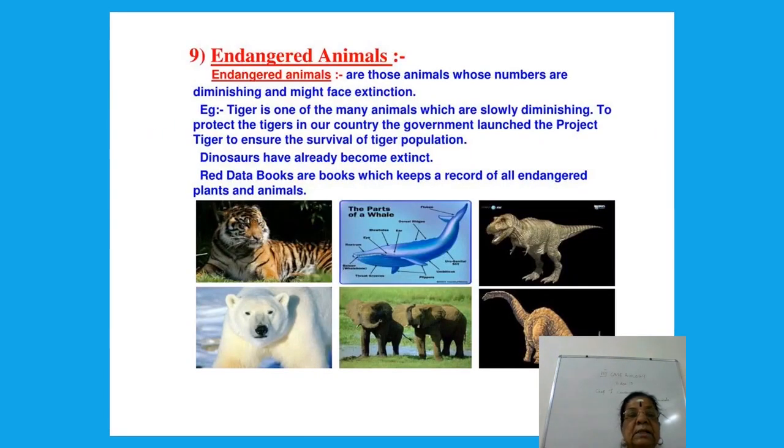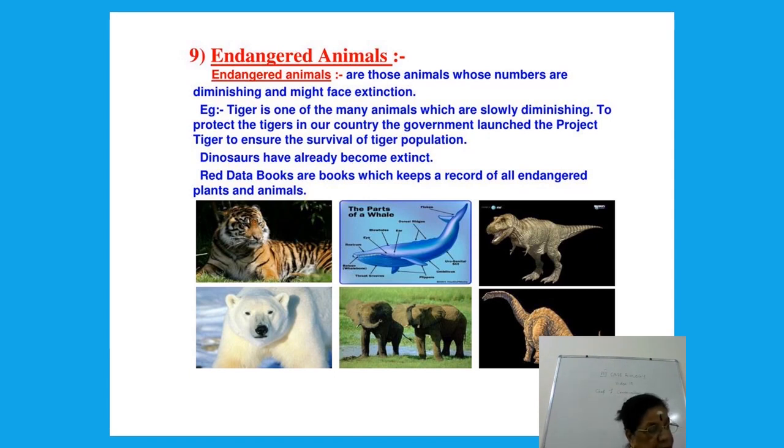The next one is endangered species. அடுத்தது endangered animals. Tiger is one of the many species which are slowly disappearing from our forest. But Satpura Tiger Reserve is unique in the sense that significant increase in population of tiger has been seen there.